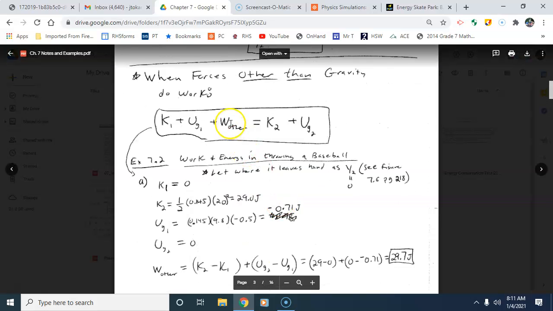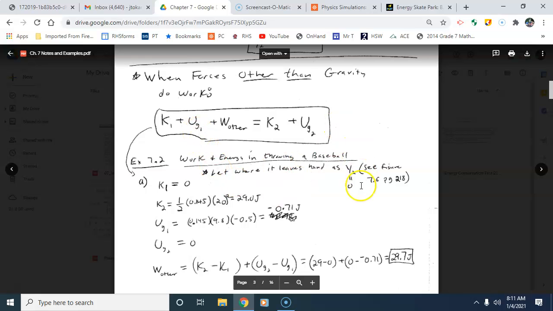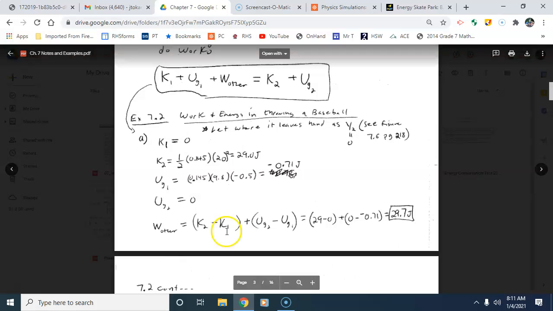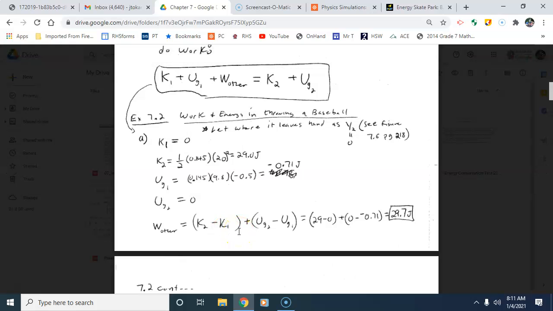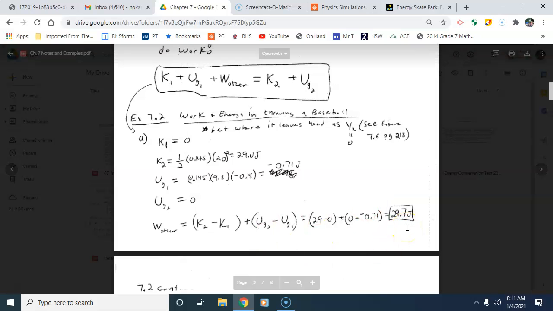So if I isolate work other, I'm going to subtract K1 to this side and UG1 to this side. For whatever reason, I group them, but you don't have to. As long as you do the algebra right, you get just shy of 30 joules.